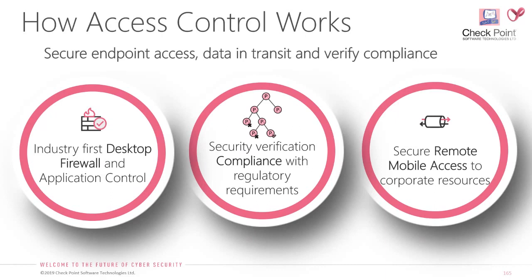By using these three techniques, we are securing the endpoint access using the first technique. And using remote access, we are making sure the data in transit is secured. And using the compliance, we are controlling the SSL VPN and IPsec VPN client access to the corporate resource.